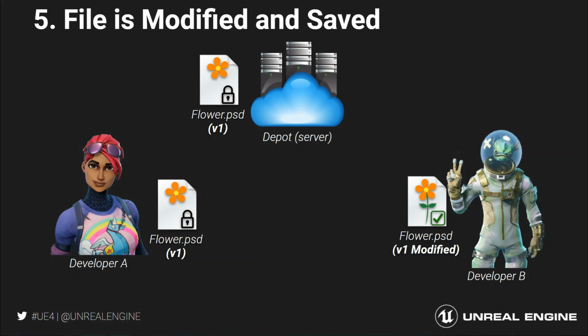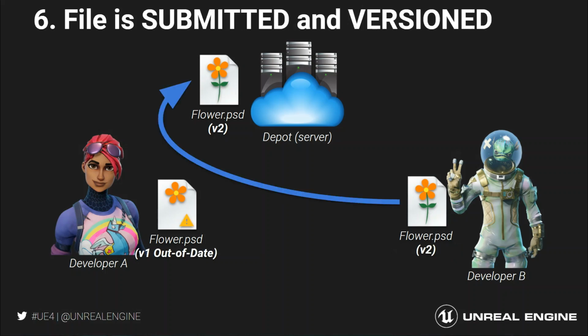And when they save, they can save and continuously modify this file. And as they do, they are not sending any data to the server. The other developer and the server are not really aware of the state of the file. Not until developer B checks the file in and submits it to the server.